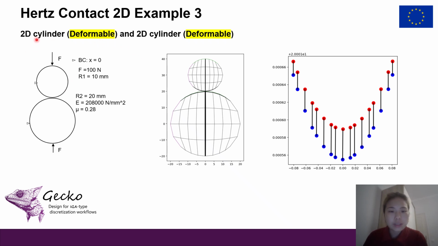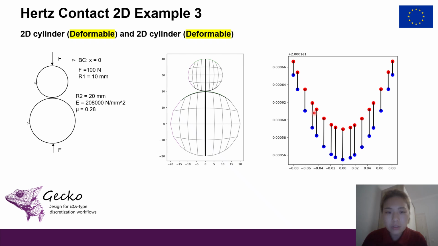Here we study another model, 2D cylinder to deformable cylinder contact. This example is also meshed locally in the contact region, and here you see the final contact pairs are extracted and visualized.